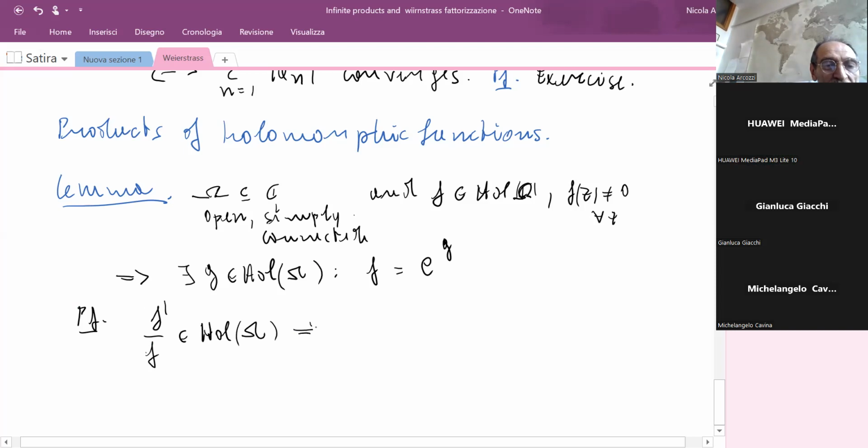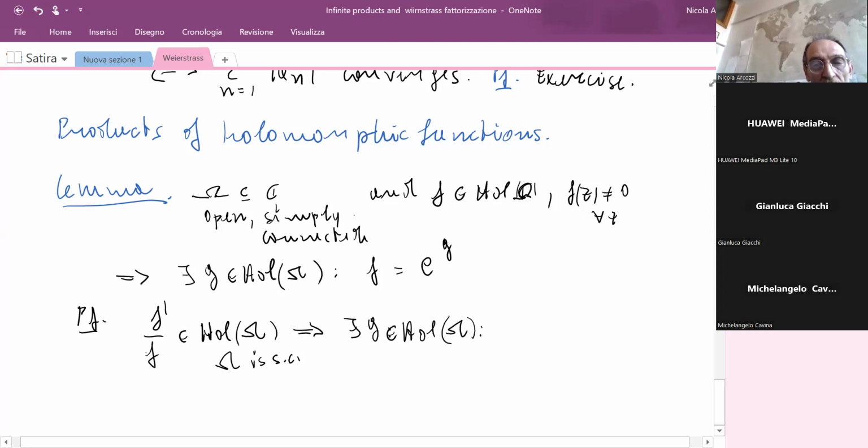And since omega is simply connected, then the function has a primitive. So there exists a function g holomorphic in omega so that g prime is f prime over f.